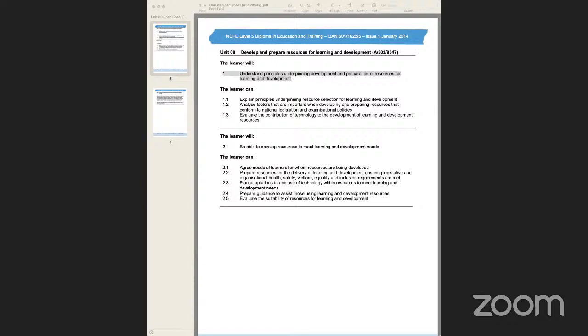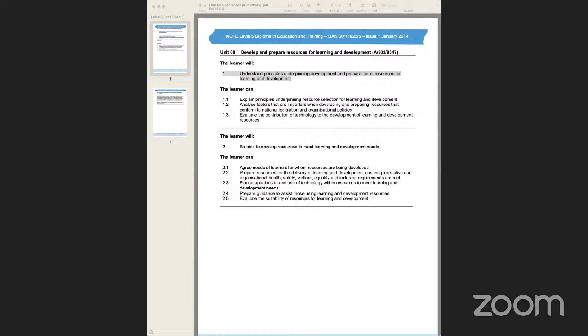At some stage, we'll go into some of the assessment criteria to discuss how they are going to be addressed. When we look at these, we are talking about assessment criteria 1.1, 1.2, and 1.3 for learning outcome one in particular.